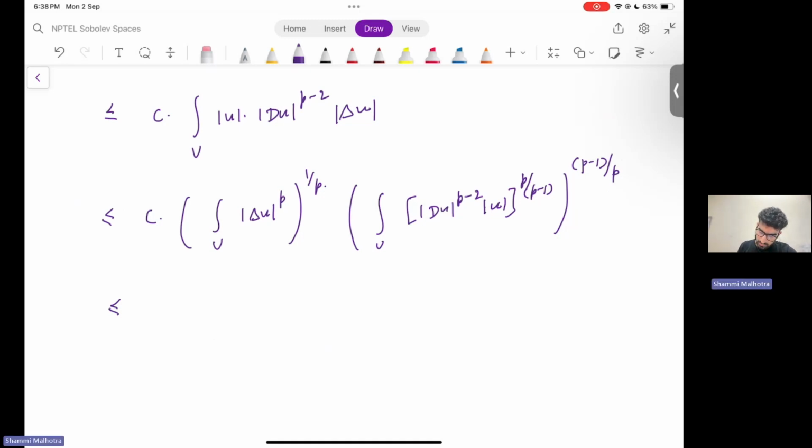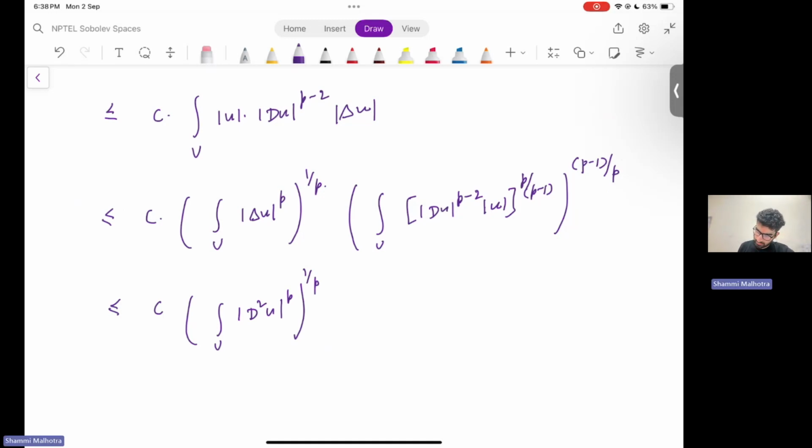This is some constant, and this is again less than or equal to the D2u Lp norm times 1 by p. So this is something which we wanted on the right hand side.